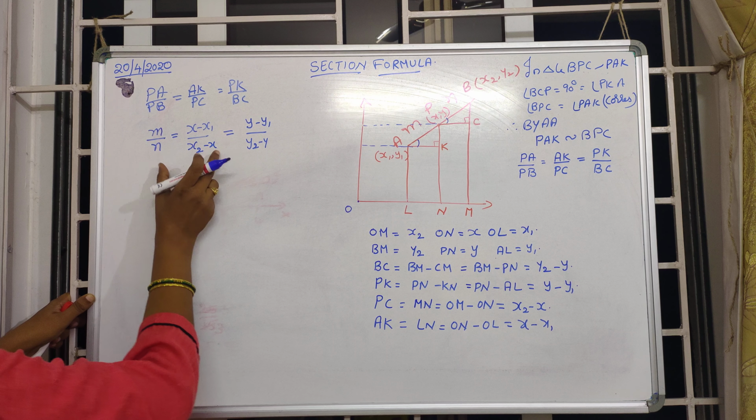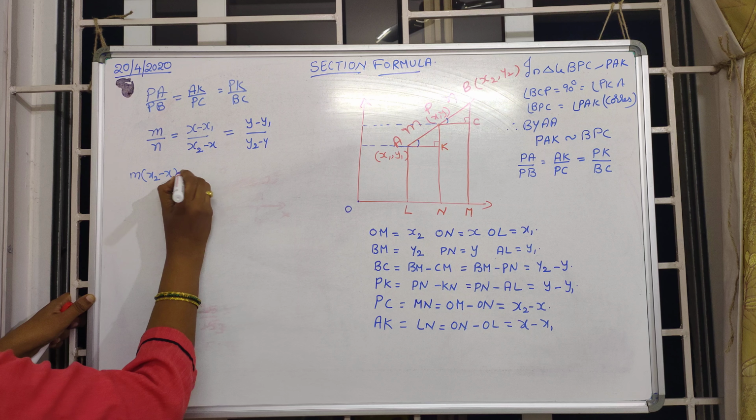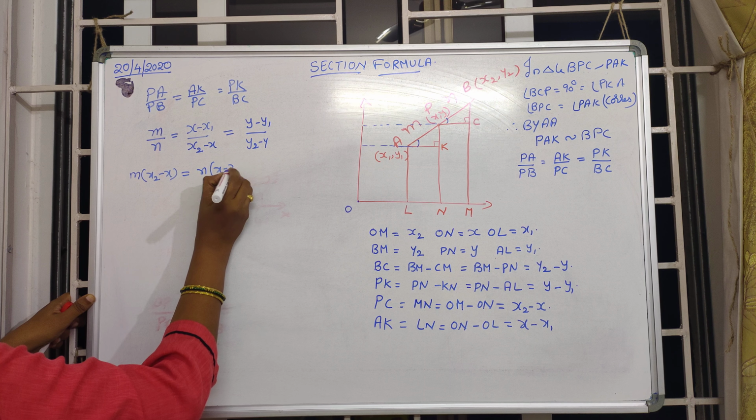Now these two I am doing a cross multiplication, that is m into x2 minus x equal to n into x minus x1.